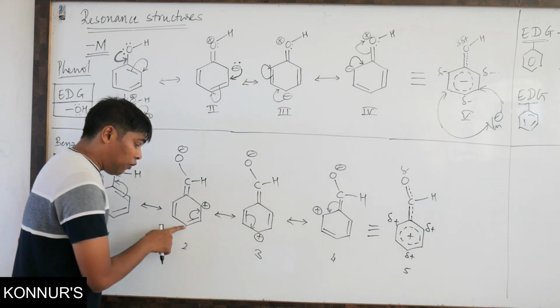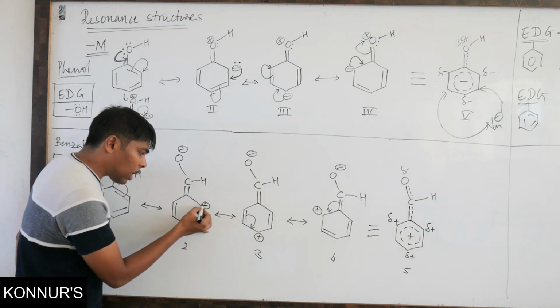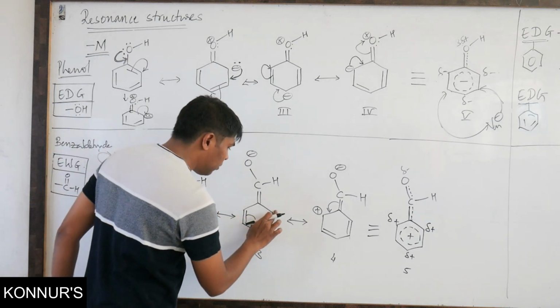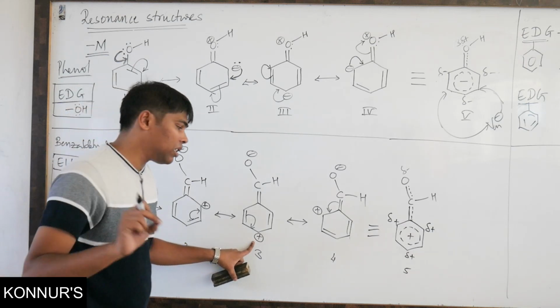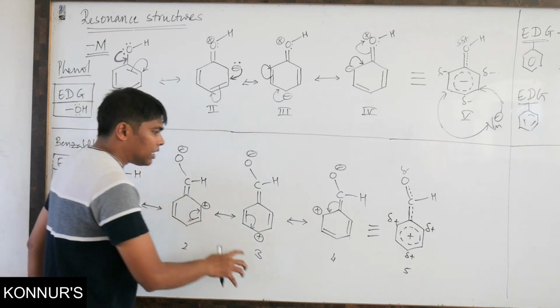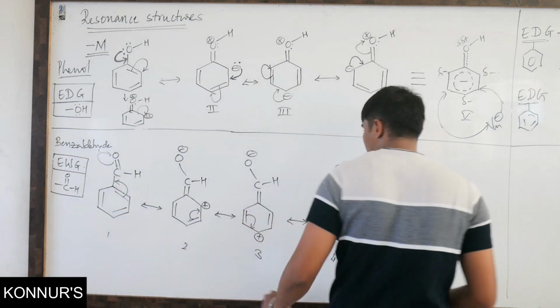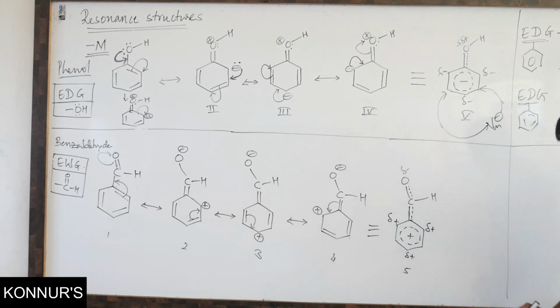So the C4 electron neutralizes the C2, so that C2 becomes neutralized by gaining the electron of C4. So C4 becomes electron deficient now. So like that, C2, C4 and C6 become electron deficient centers. So what happens here? The nucleophilic addition takes place very easily.